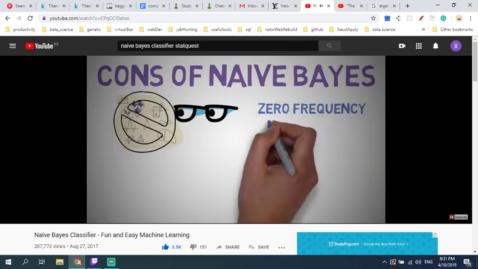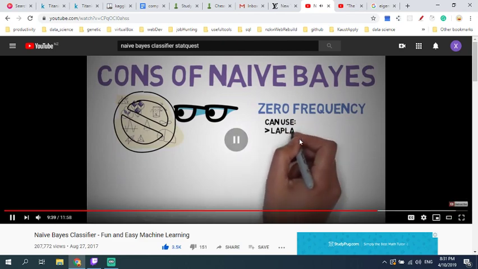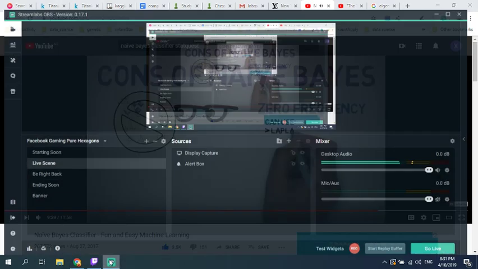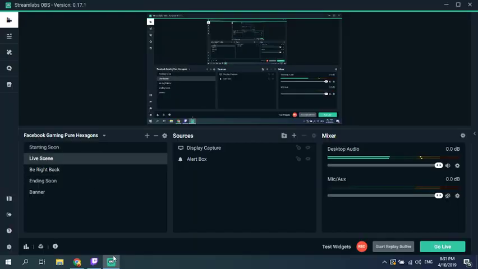To solve this, we can use smoothing techniques, and one of the simplest smoothing techniques is called the Laplace estimation.